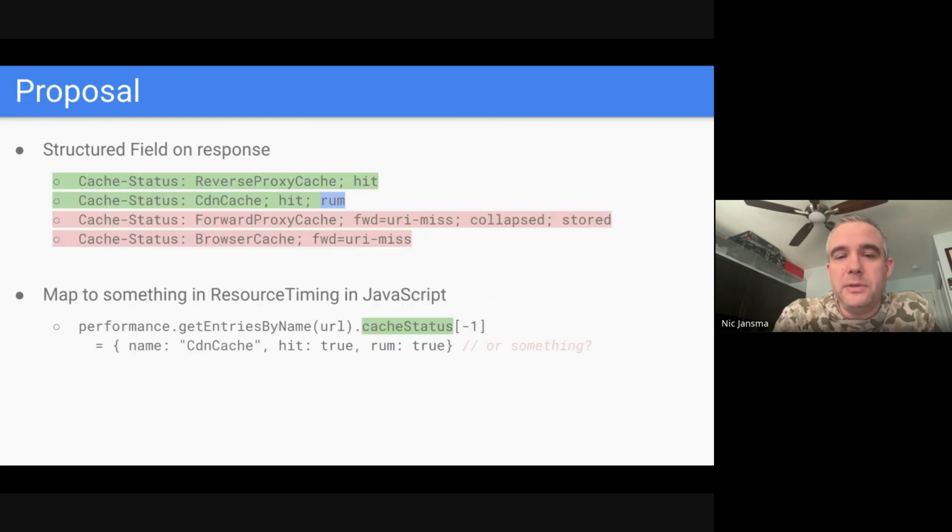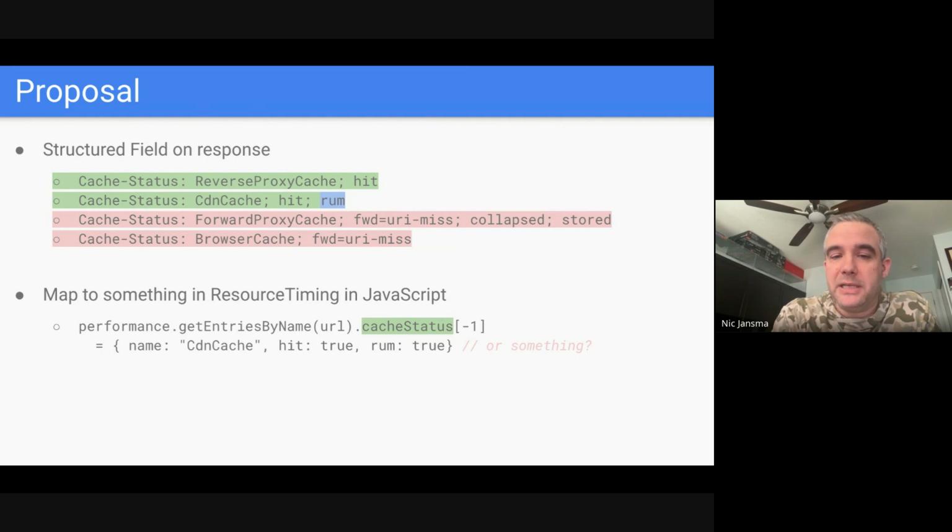And so the proposal is something like this, where you have an explicit cache status header rather than Server Timing. Multiple different layers can add their own information. In this case, Mark has a proposal that there's some sort of keyword in one of these, like the RUM keyword, whereby anything at or before it would be exposed through JavaScript.